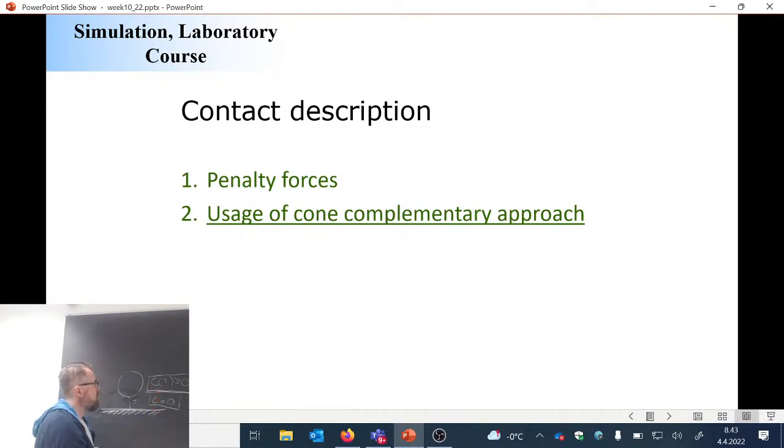This use of inequalities and the complementary approach is a very efficient approach for describing a large number of contacts. A large number of contacts means that if there is not just a single ball, but thousands of balls, then the use of these penalty forces becomes very inconvenient and very unstable as well.